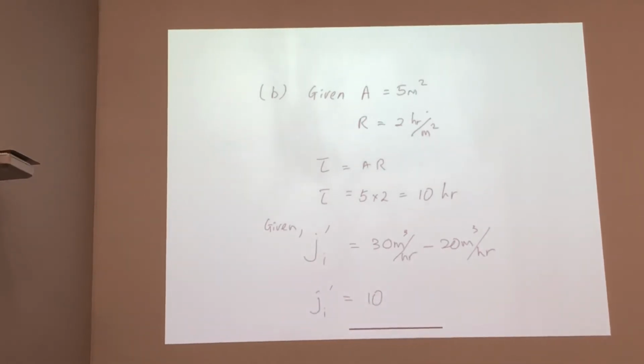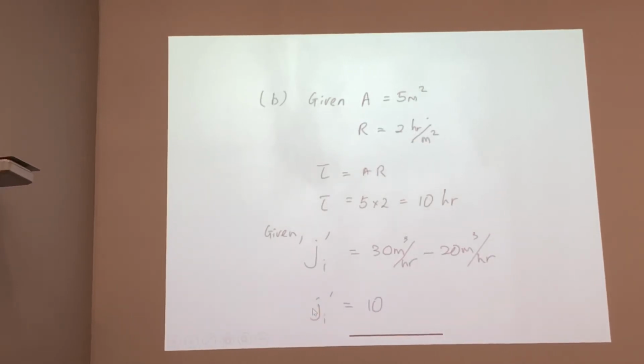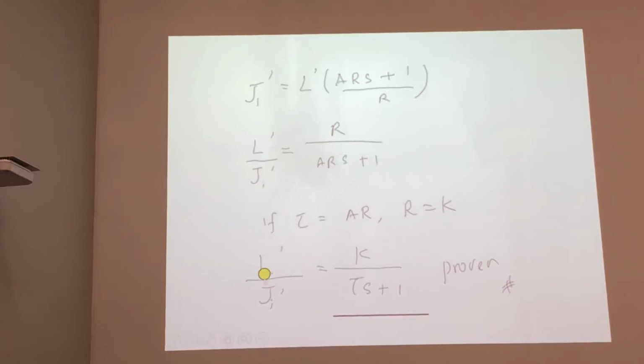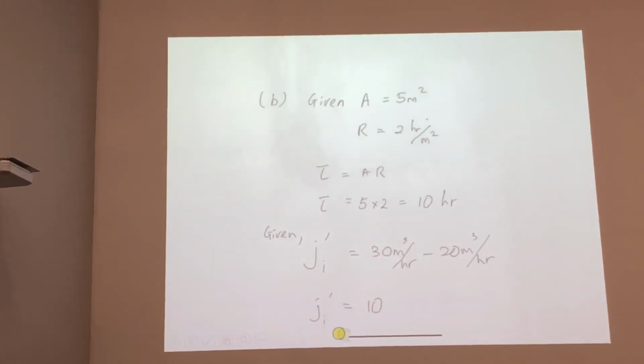For a step input, when I do the transform, because this Fi itself is actually a small letter, I cannot use it in my transfer function. If you look at your transfer function, your Fi there is a capital letter. So what you have here, the Fi is a small letter, so you need to transform this one.